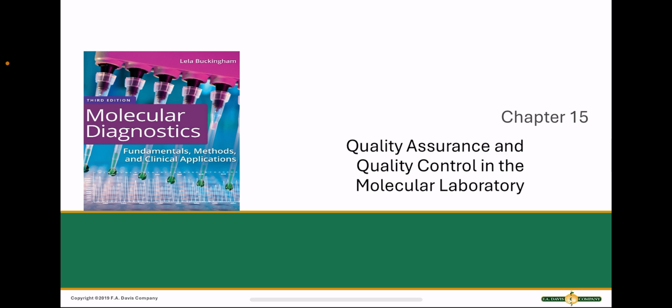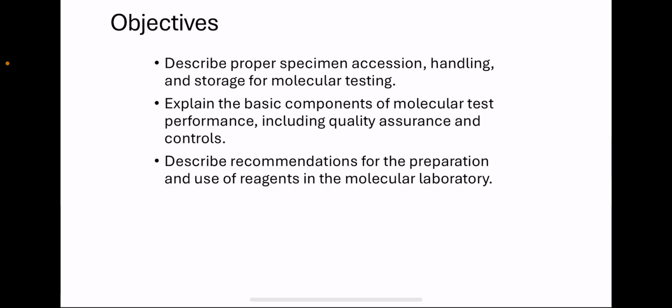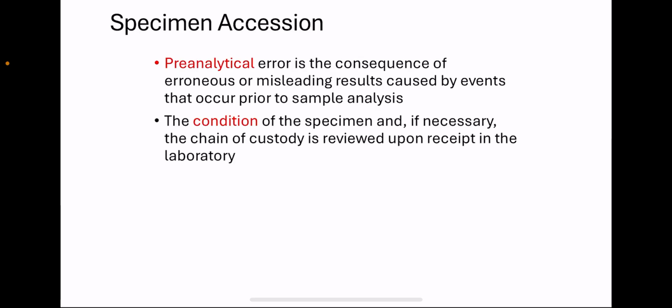And then we'll quickly go over quality assurance and quality control in the molecular lab. This was a PowerPoint that came from that Leela Buckingham book that I was able to get.